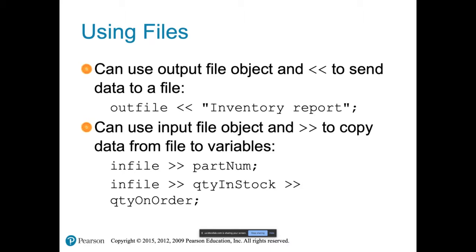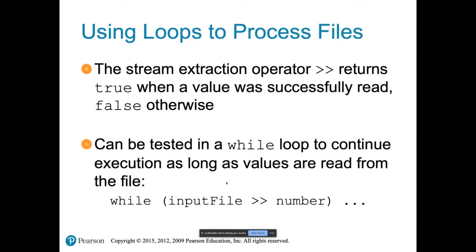If that breaks because he adds something else, then we're going to argue back and forth. So for reading in files in this way, you must agree to a standard. You have to know the layout of how the file looks when you read it in. The stream extract operator returns true when a value was successfully read in and false otherwise.